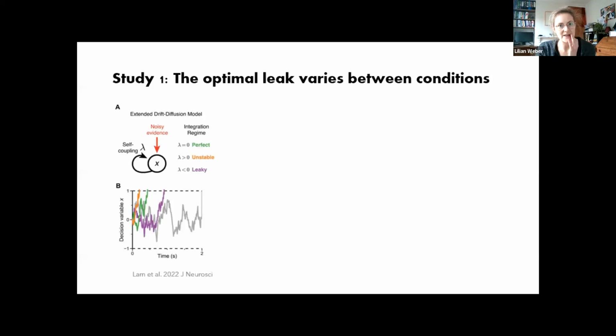And the way that we integrate this into the DDM is we introduce this leak parameter, which makes the integration process a leaky integration, or Ornstein-Uhlenbeck process, what's called. And the more leak you have, the more you tend to forget what you've previously seen and just focus on the most recent evidence.